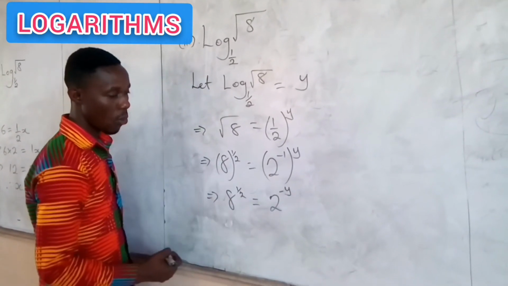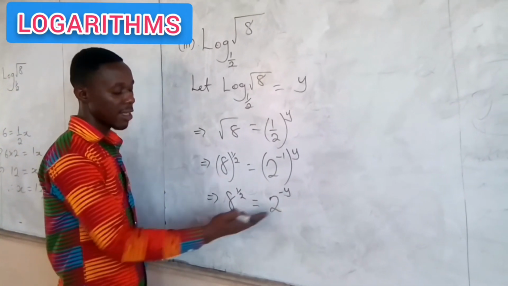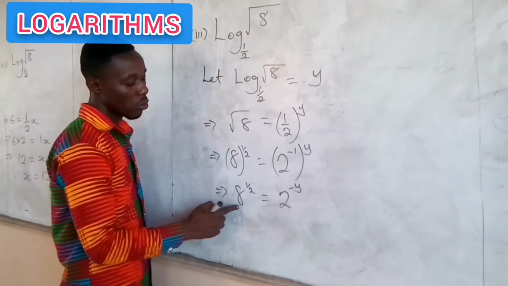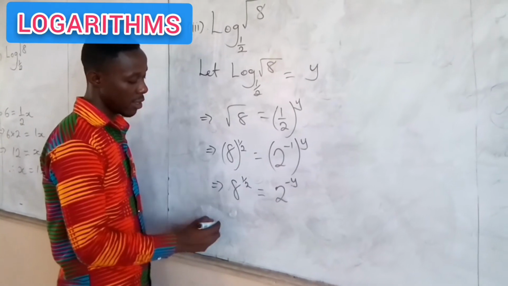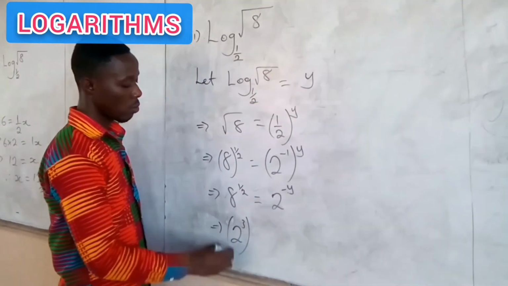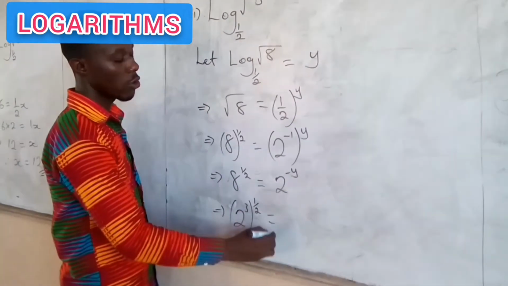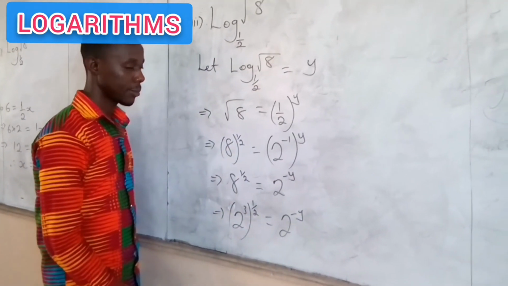Now, we have to make sure that the bases are the same. Changing this one, 2 exponent what number will be 8? 2 exponent 3 will give me 8, multiplied by exponent half, equal to 2 exponent negative y.